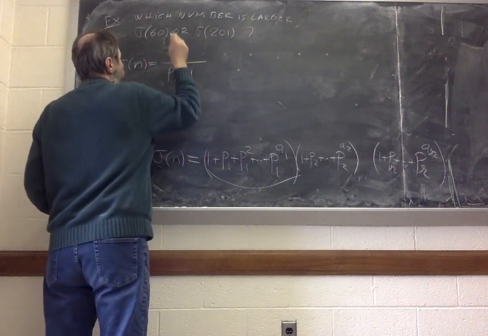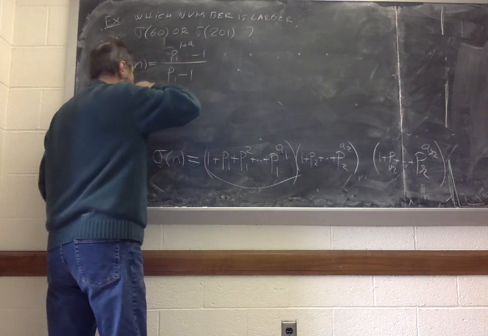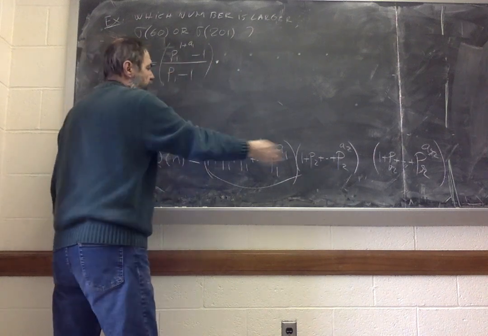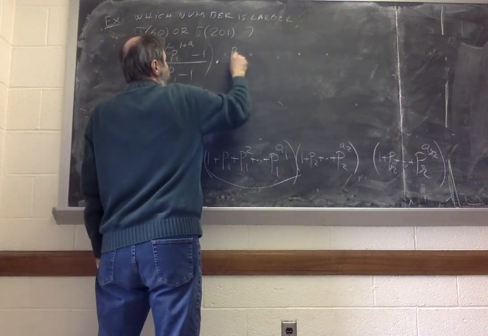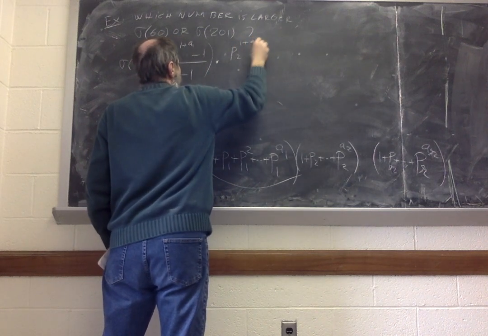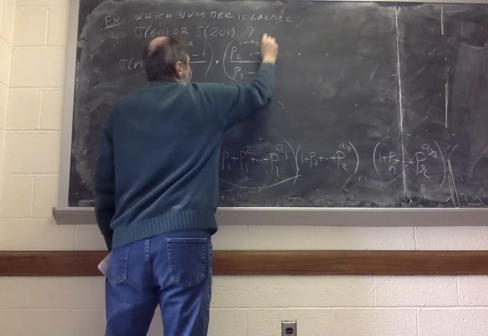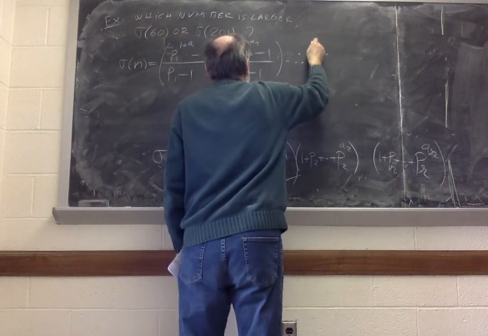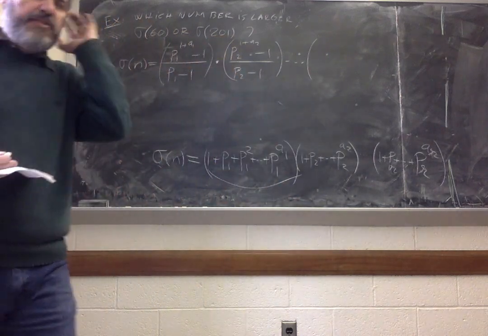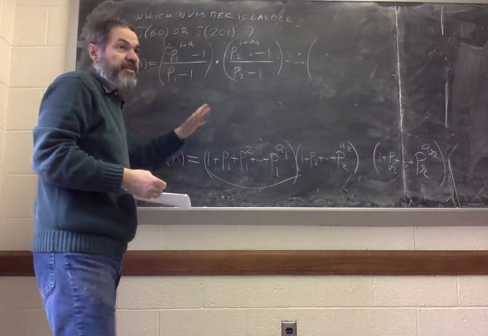So p1 to the 1 plus a1, and then minus 1, times exactly the same for the others. p2 to the 1 plus a2, and then minus 1 divided by p2 minus 1, and so on. In some places, some textbooks, some articles, you see it written like this, you see it written like that. We'll see in a moment that it's exactly the same thing.